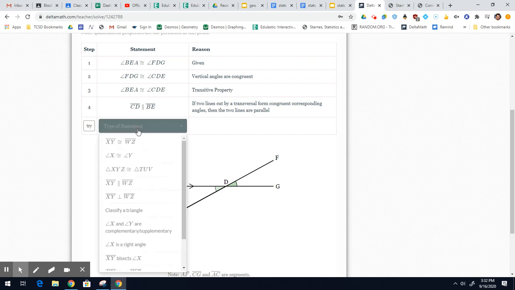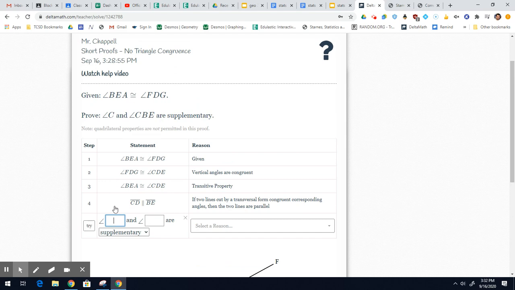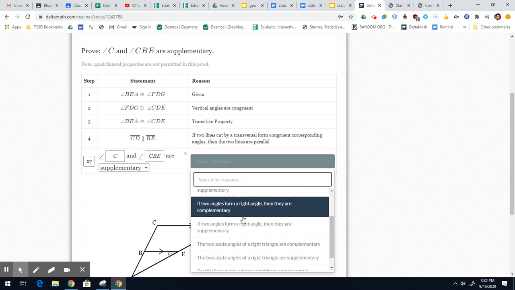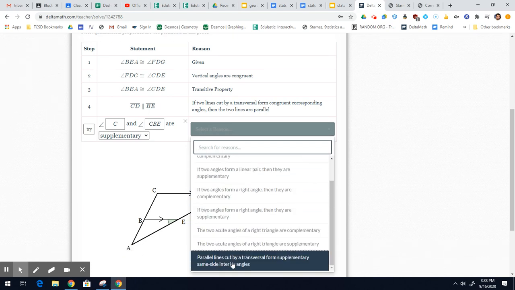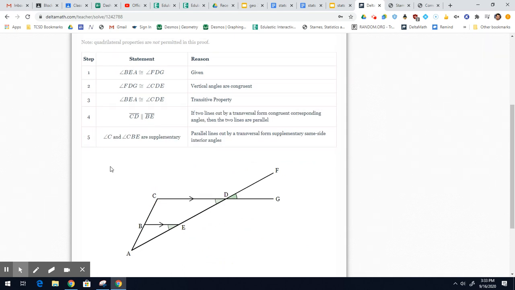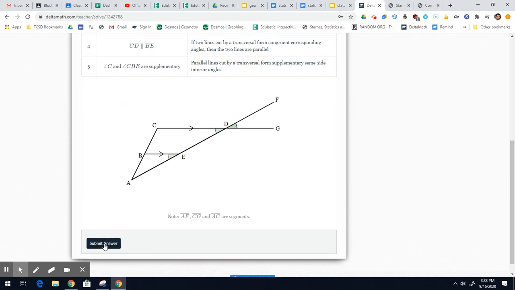They will be supplementary. We're at our prove statement. We want to prove that angle C and angle CBE are supplementary. And since we have parallel lines, we're looking for those reasons. Parallel lines cut by a transversal form same side interior angles. Check mark. Done.